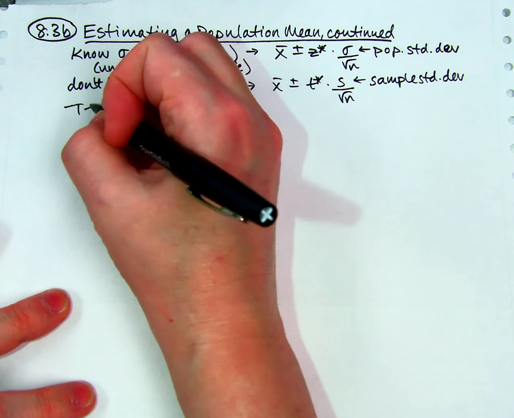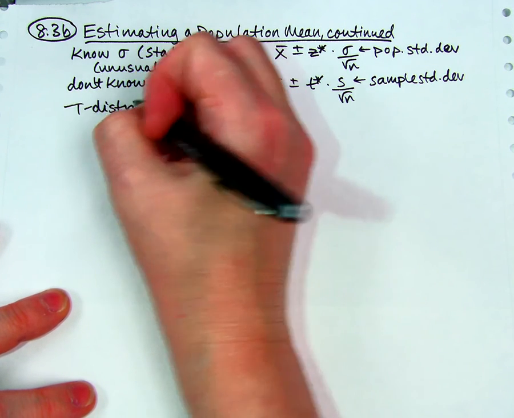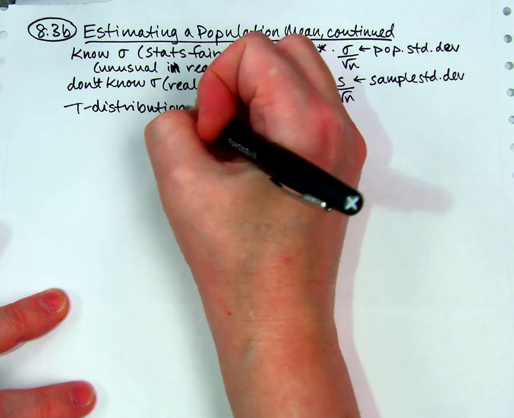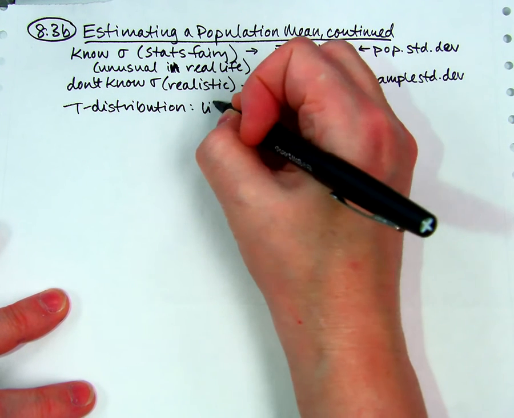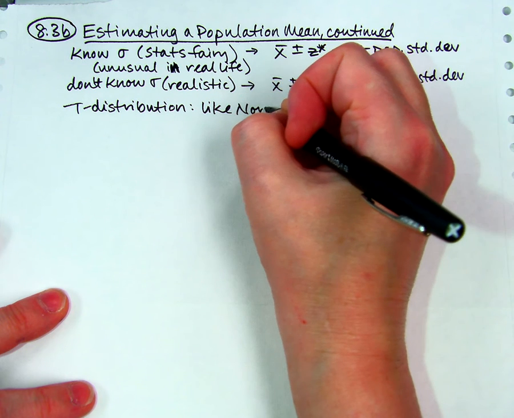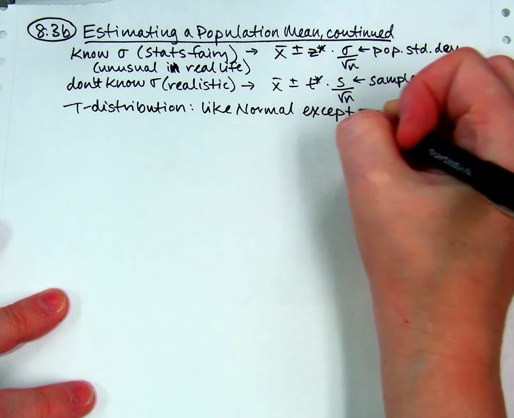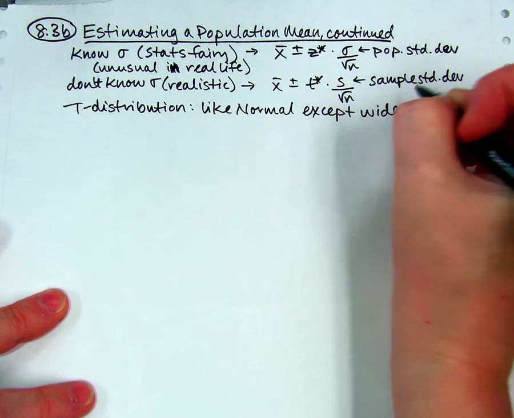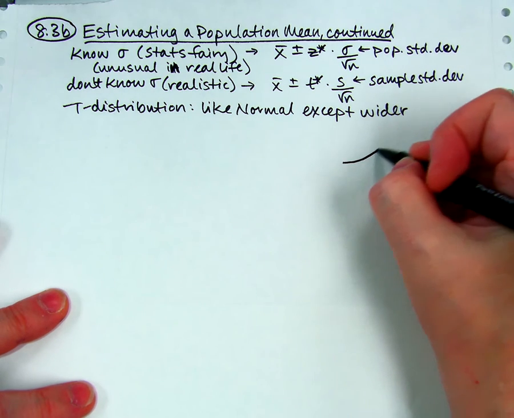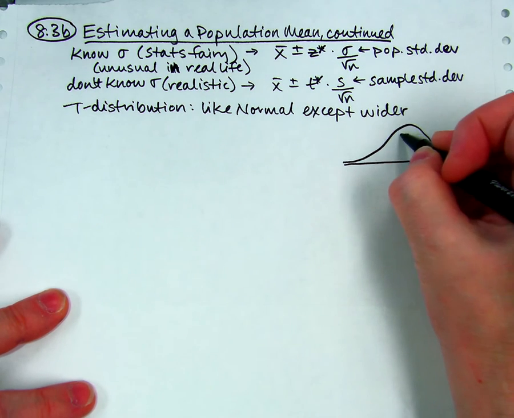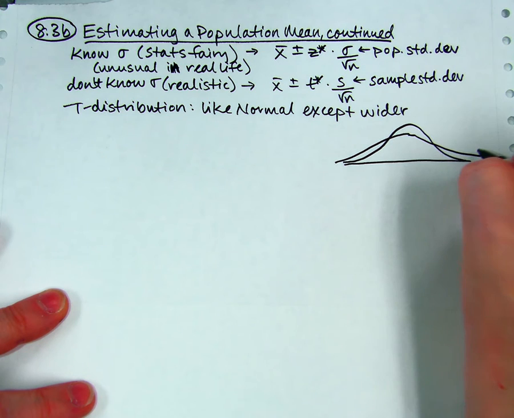The t distribution is still a symmetric and mound-shaped distribution. It looks a lot like a normal curve, except it's wider. So the normal curve, if you just move this down a little bit and make it wider like this, then that's the t.